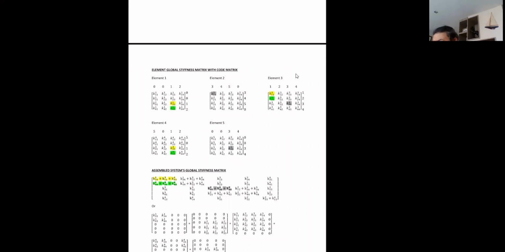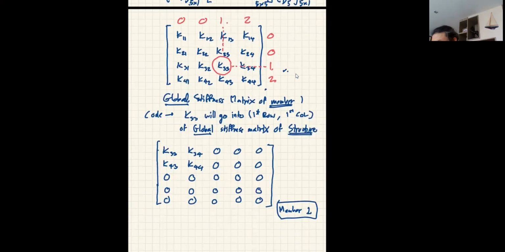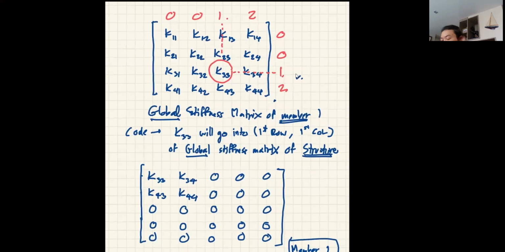So what we did the last time is that I demonstrated how things would be carried out. Here is the local stiffness matrix of member 1 with the code on it. The code says that this will go into the first row, first column of the global stiffness matrix of the entire structure or the system.